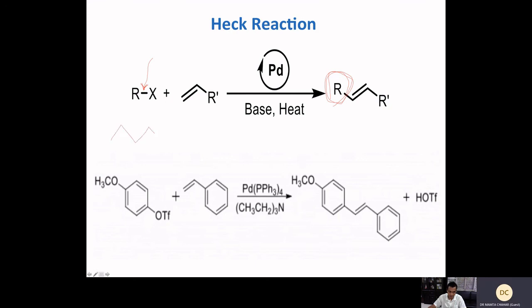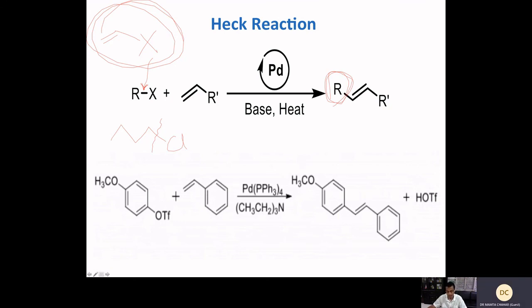Let's say you have chloroalkane like this, so that radical mechanism can come into picture. But it is also possible not only aromatic, these sort of vinylic compounds can also be giving you the product. Many vinylic halides are also there that can be giving the product.